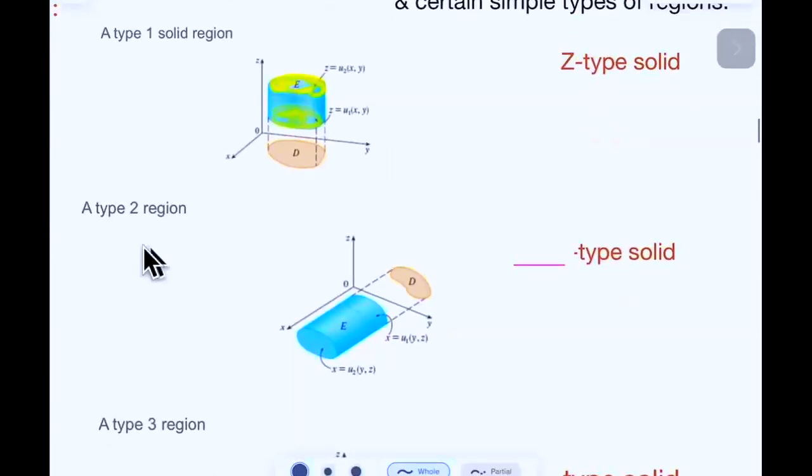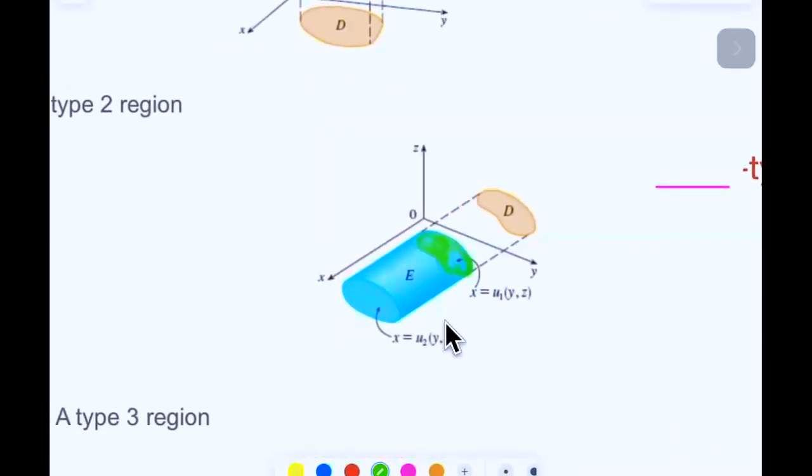Now, the second type of solid region. This time, notice what happens here. It is the X, okay? The X is bounded below by this surface over here, and bounded above by the surface over here.